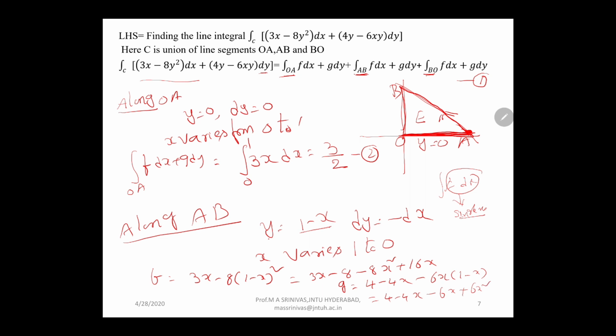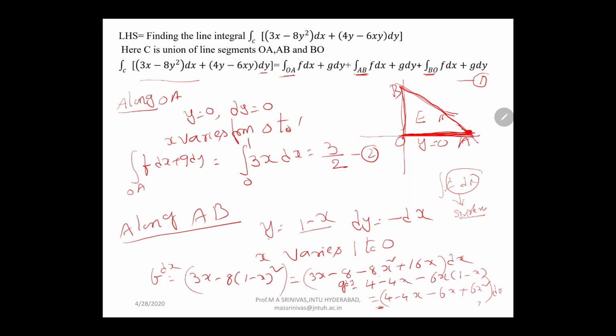f dx and dy is my dy, here it is minus dx. Therefore, in place of dy, I need to write minus dx. So this g dy will be this entire thing multiplied with minus dx. So these two are to be added. This is my f dx. So if I find f dx plus g dy, let us see what is your end result. If I add these two, g dy has one minus sign.